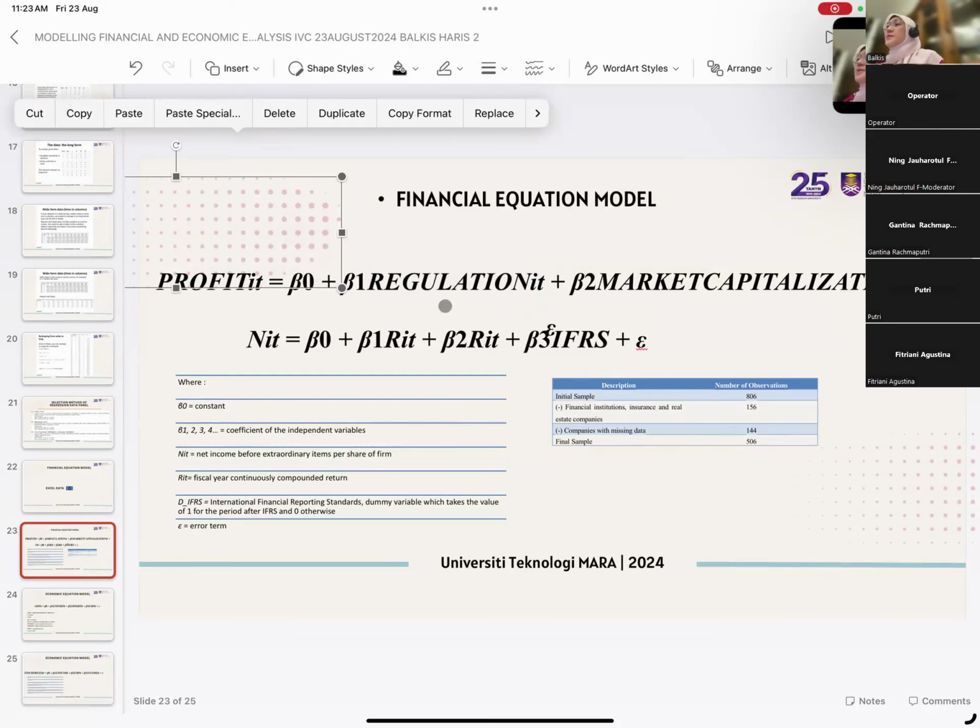And also, when we collect this data, it is a panel data. Why is it panel data? Because we have several banks. In Malaysia, we have Maybank, CIMB Bank, RHB Bank, that is for local, BSN Bank. And then we also have Islamic banks: Maybank Islamic, CIMB Islamic, RHB Islamic, BSN Islamic. So Islamic banks, conventional banks.